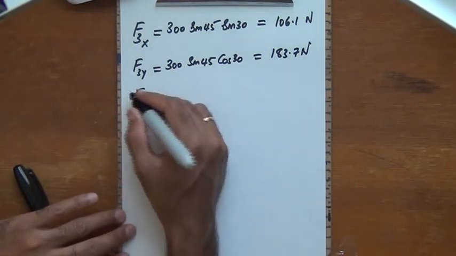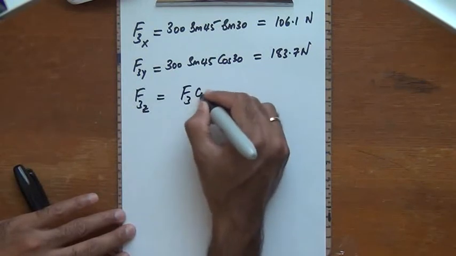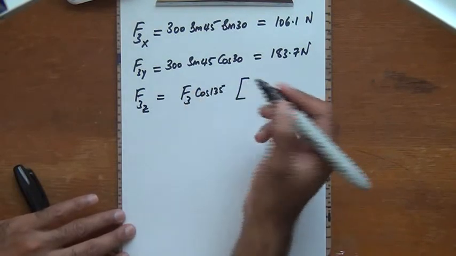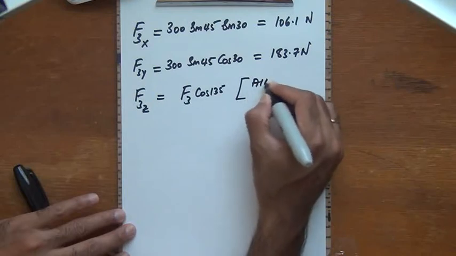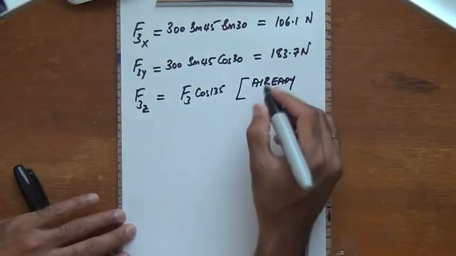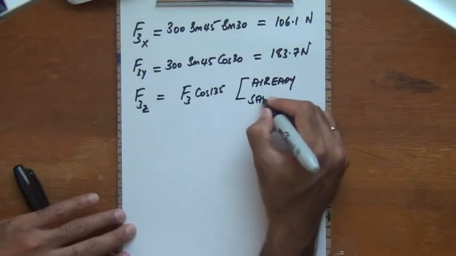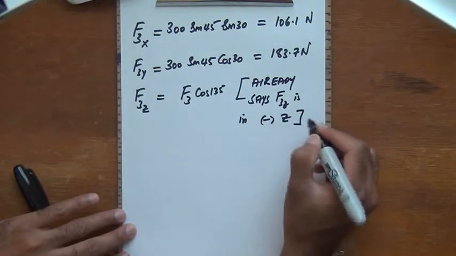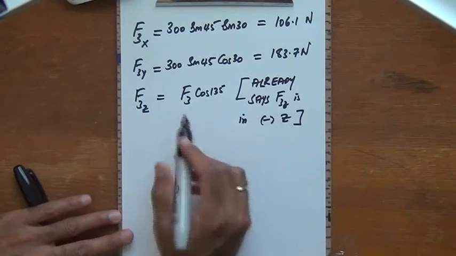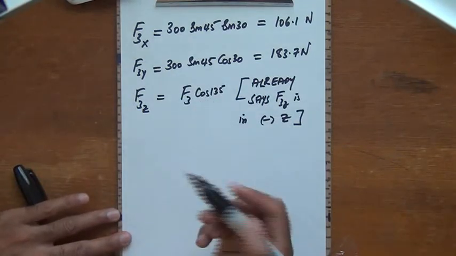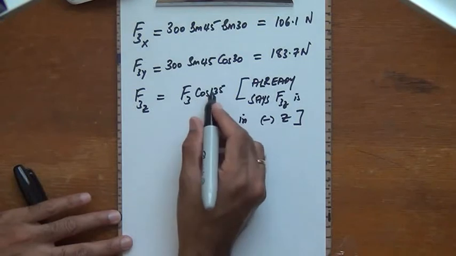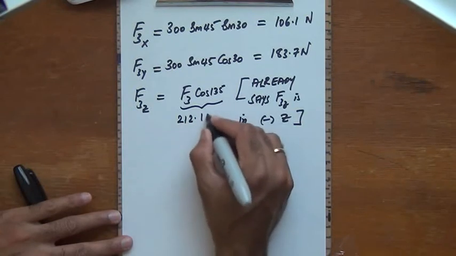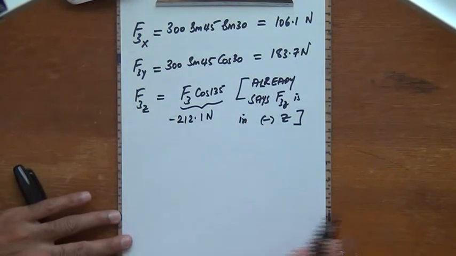You could either write this as F3 times cosine of 135, and this indicates that it's already taken to be in the negative z direction. If not, you can say that this is F3 times cosine 45 and then put a negative sign eventually. F3 is 300, cosine 45 is 1 by root 2, so this is around 212.1 newtons. The negative sign will be taken care of right here.